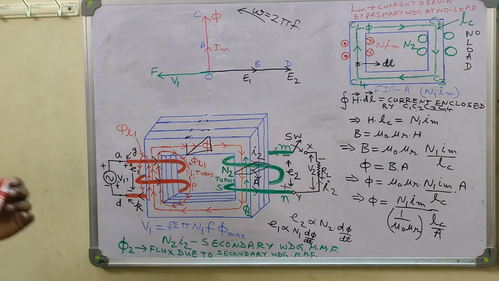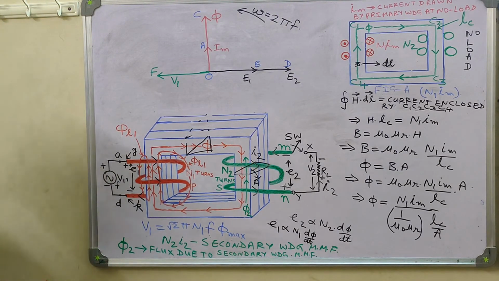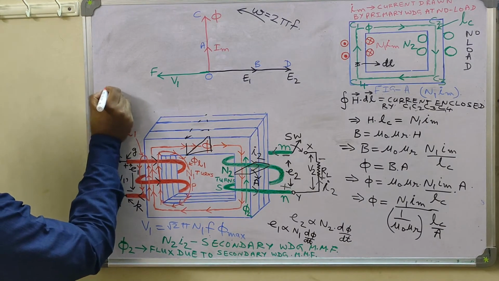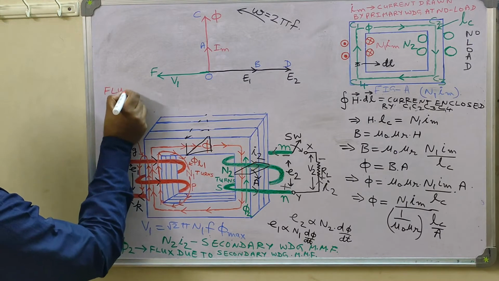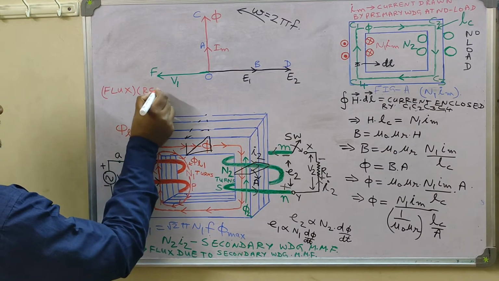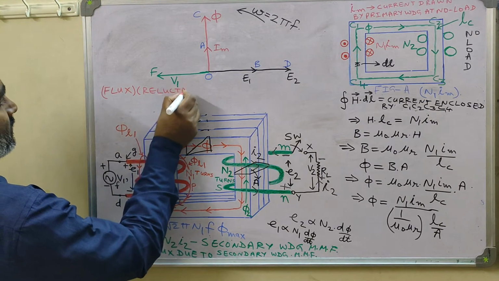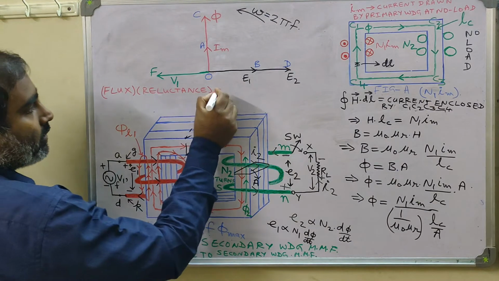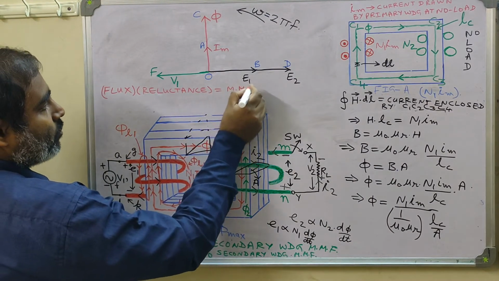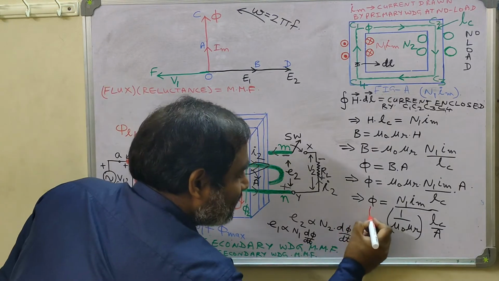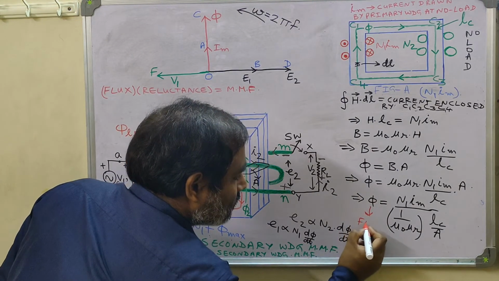So we can simply write that flux multiplied by reluctance equals MMF. MMF is nothing but magnetomotive force. So what is this thing? This thing is flux.